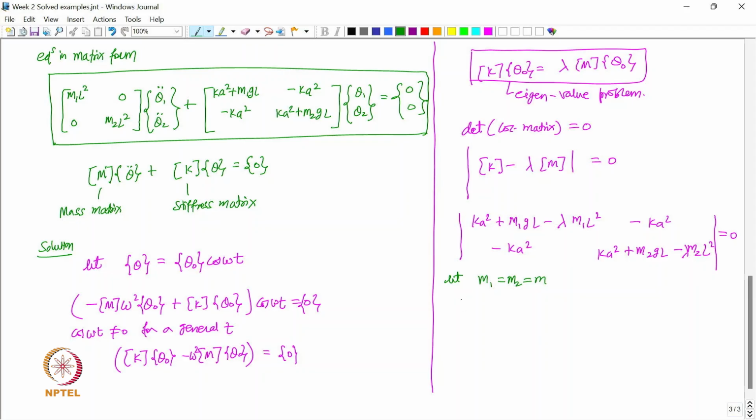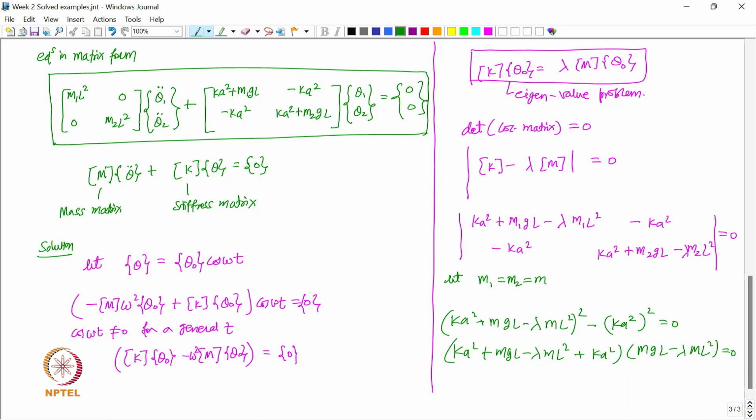If you do the multiplication, what do you get? (k s² + mgl − λ m L²)² − (k s²)² = 0. So I have a square minus b square, which I can write as (a + b)(a − b), like this, multiplied by (mgl − λ m l²) = 0, correct.